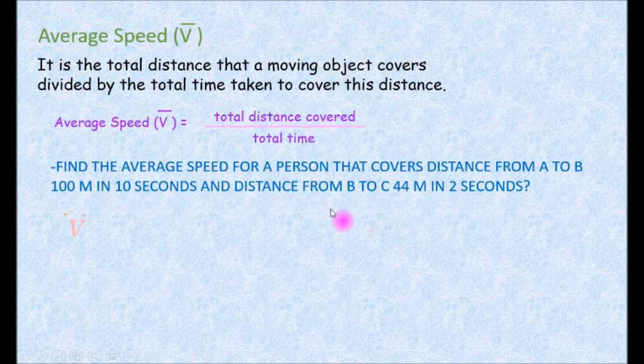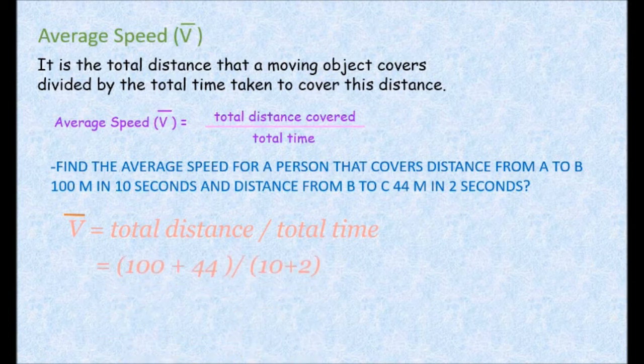Let's see how to answer it. Firstly, we write the rule. V dash equals total distance divided by total time. The total distance equals the sum of all distances that the object covers: 100 plus 44, divided by the total time, which is 10 seconds plus 2 seconds. It will be 144 divided by 12.